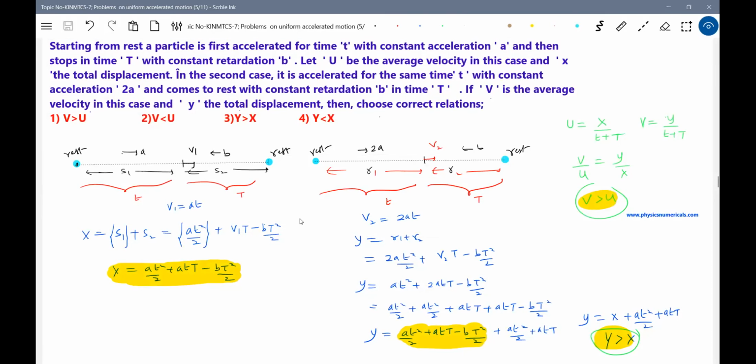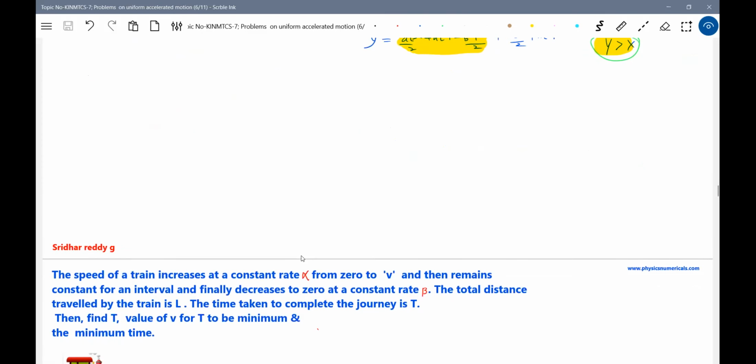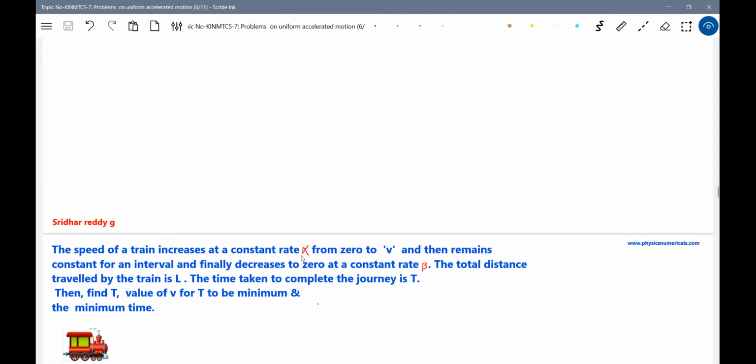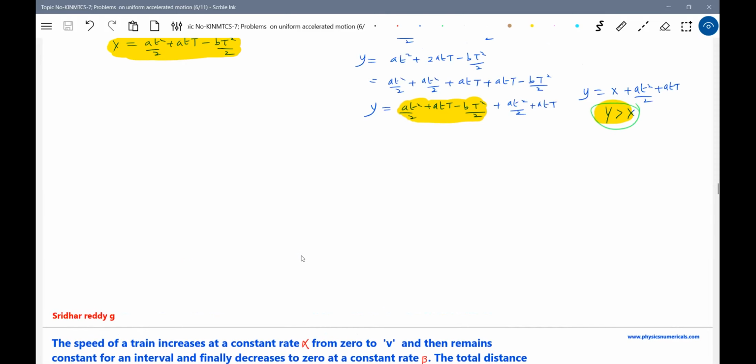Let me move to the next question. If you want, you can plot the graph also. Let me show that also. I'm very particular about the learning aspect here, not a dumping aspect. First, it will accelerate. Even through a graph, you can work out this problem. Which graph should we plot? Position versus time.